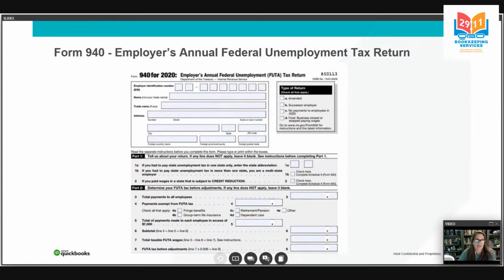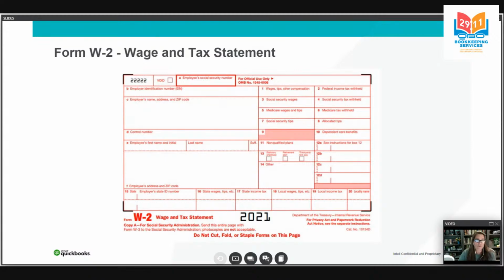940, this is the annual federal unemployment tax return. So this is due at the end of the year. We have a Form W-2. Again, this is an annual. This is what you give your employees so that they can file their income taxes. This is basically saying, here's what you were paid. Here's all your wages, tips. This is what you paid in for federal income tax.